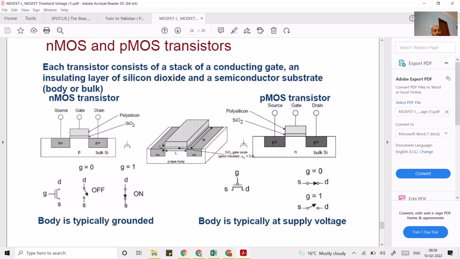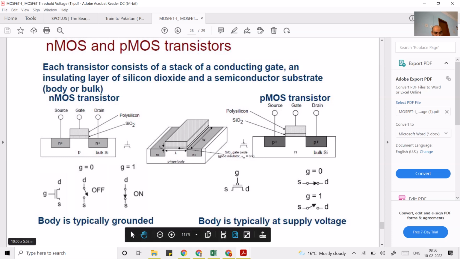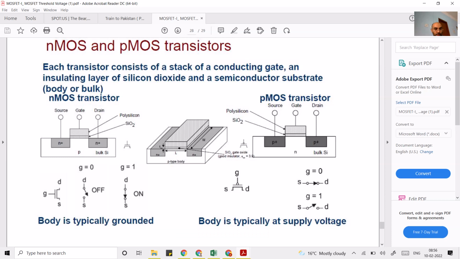So when the gate voltage is less than threshold, then your switch should be off ideally. Practically there will be some current, but that current will be very small. And when you apply some gate voltage above threshold voltage, then you form a connection between the drain and the source, that is your switch is on, right? So that is what the difference is.